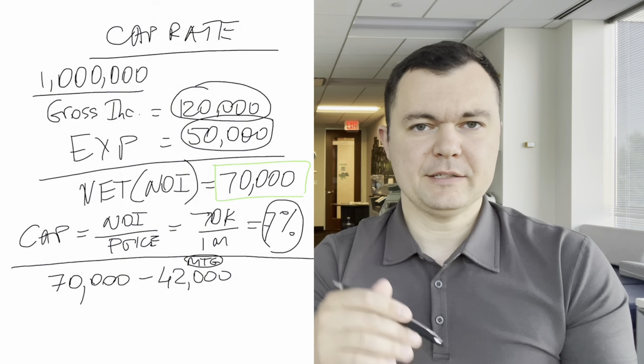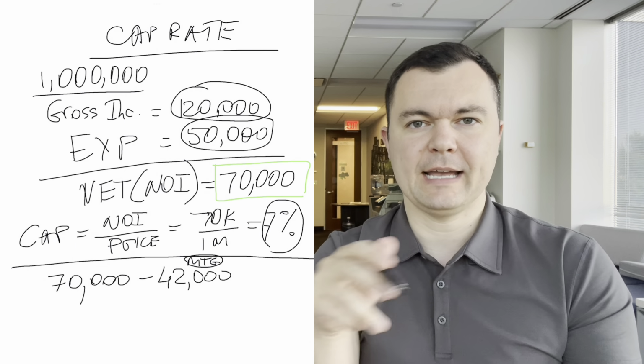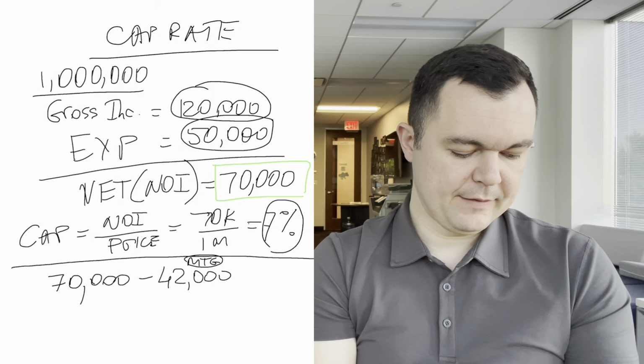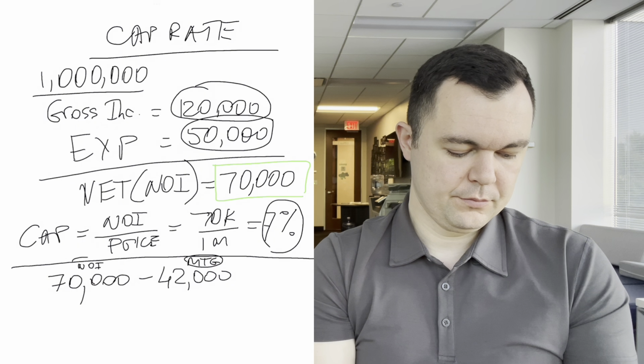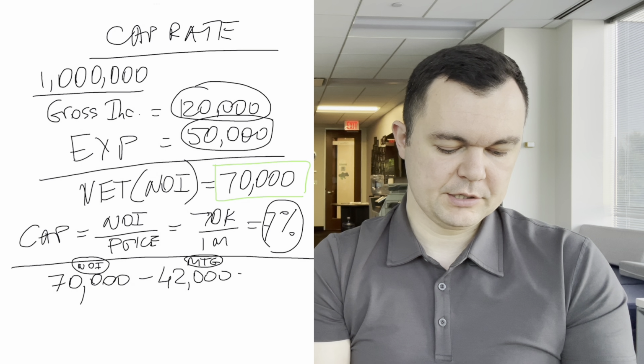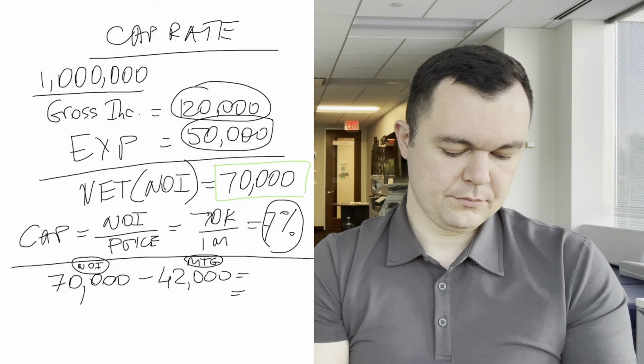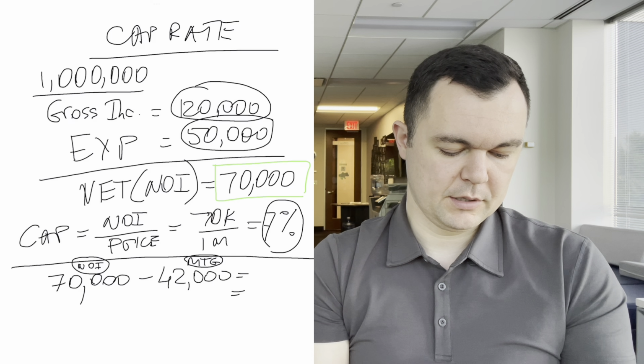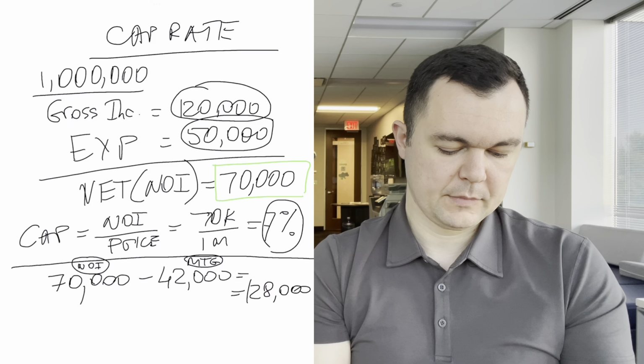For you not to do it in your head, just use the calculator. And so once you have the NOI, now you subtract the mortgage, and now you have your income, which is $28,000.